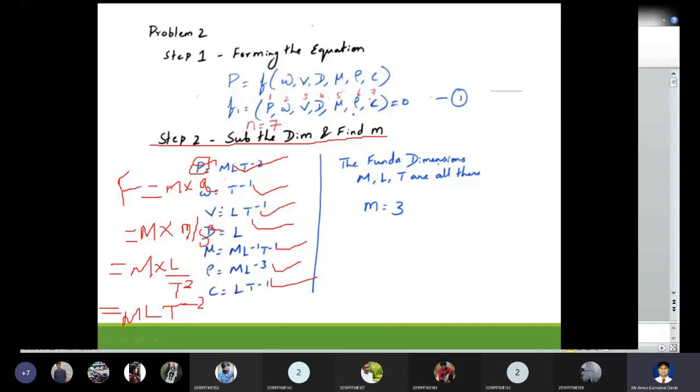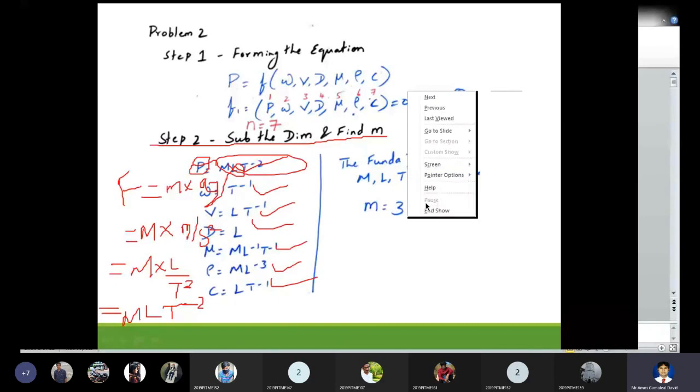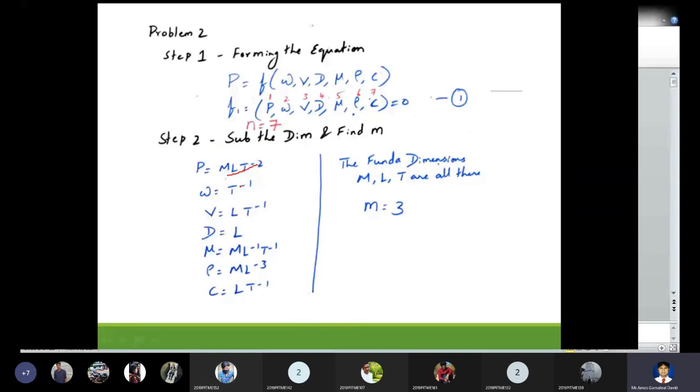Can you get it? Just like that, you have to do it for all. Omega, how did I get omega? Omega is equal to radians per second. Radians, let's take the radian as 1.